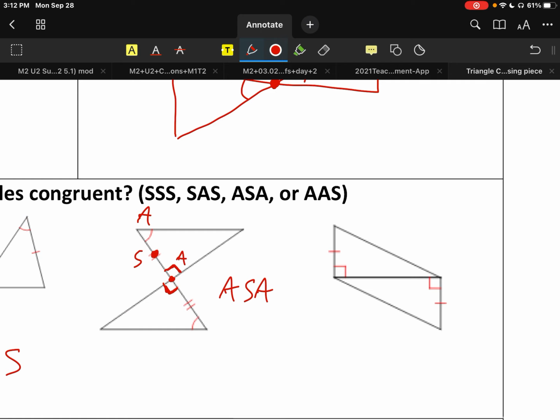In this one, I see two triangles, they share a side, so this has to be marked in order for me to see all three pieces. I have a side, an angle, and then a side. The angle is in between my two sides, so it is side, angle, side.